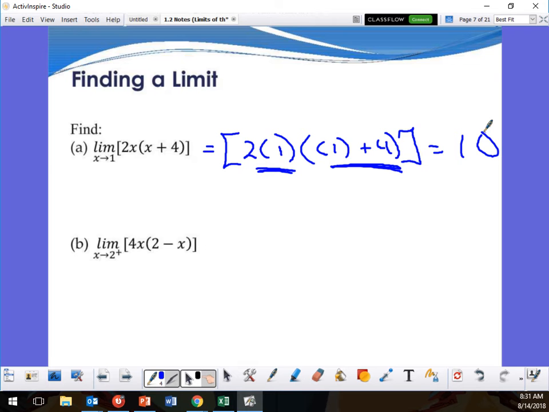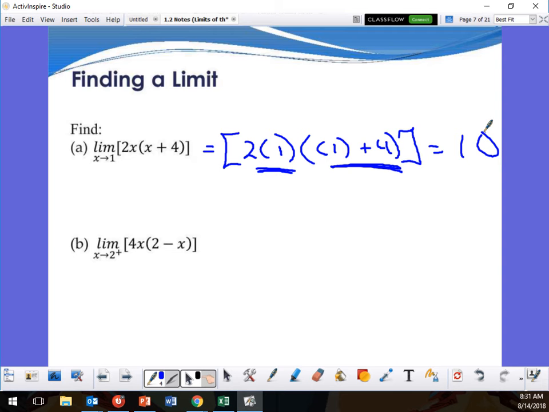Okay, what about this one right here? 0. Left side, right side, but this is only the right side, right? Is this going to be undefined or some type of hole at 2? Say no. Is there any restriction on the domain?